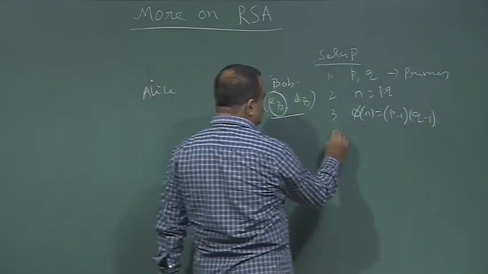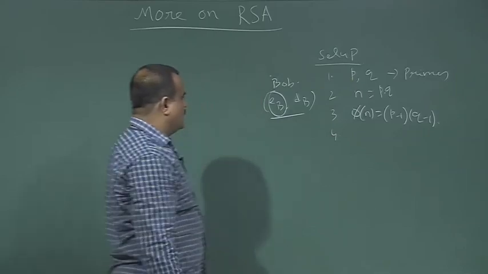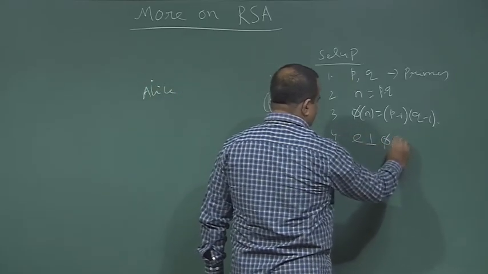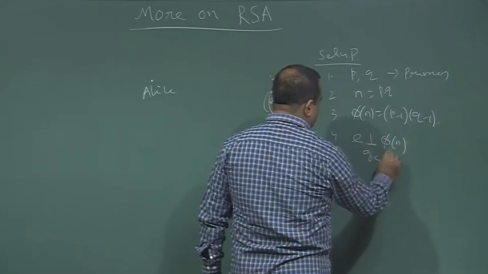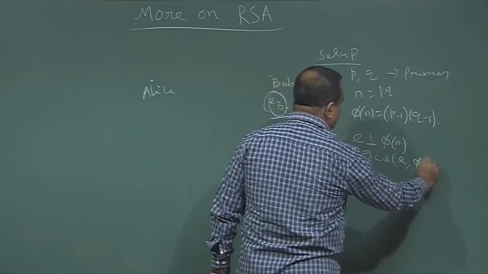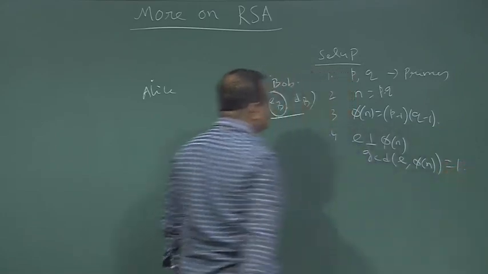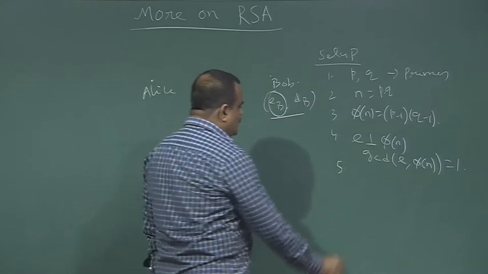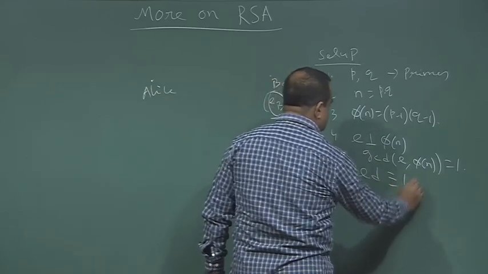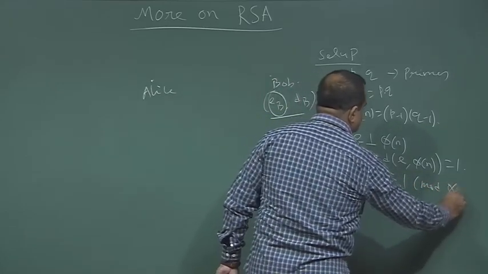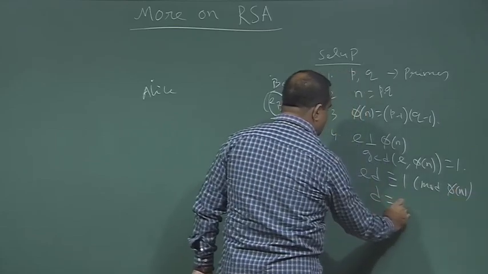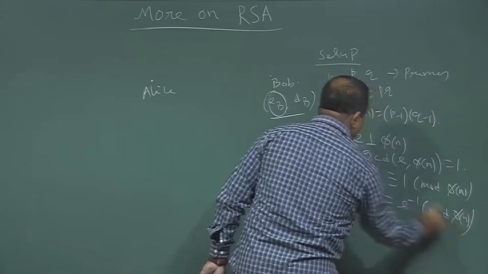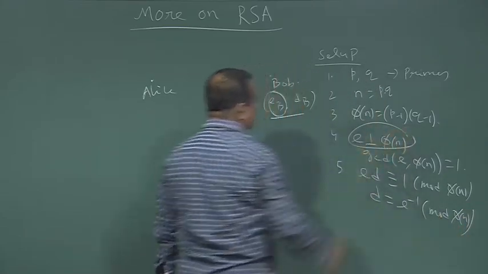Then Bob chooses an E which is co-prime with phi(n), GCD(E, phi(n)) = 1, in order to have the inverse, which is called D. So ED is congruent to 1 mod phi(n), so D is basically E inverse mod phi(n). This inverse exists because of the condition that they are relatively prime.